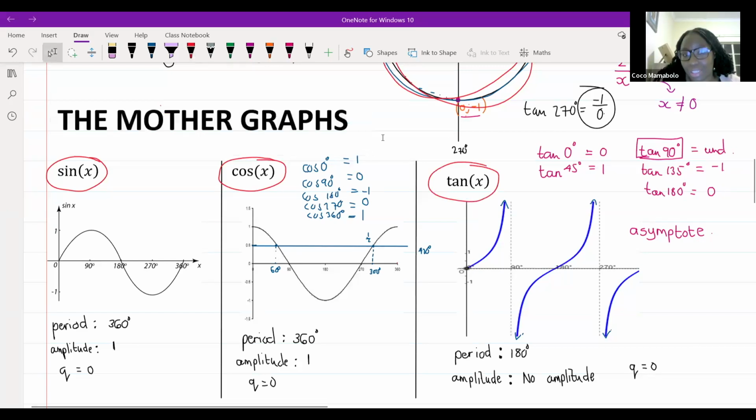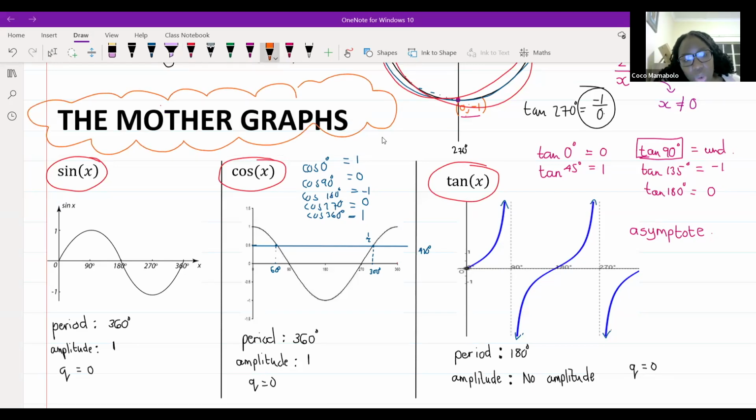So if ma'am ever references the mother graph, she's talking about the simple graphs that we've drawn using 0 and 90 degrees and 180 degrees and 270 and 360. Because when we come into the next lesson, I'm going to say, okay, guys, something on the mother graph has changed. And then you need to figure out, no, man, my mother graph normally looks like this.